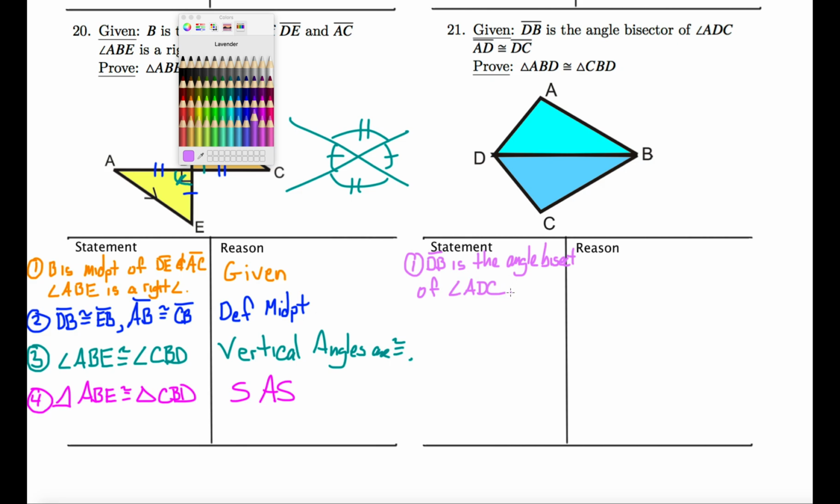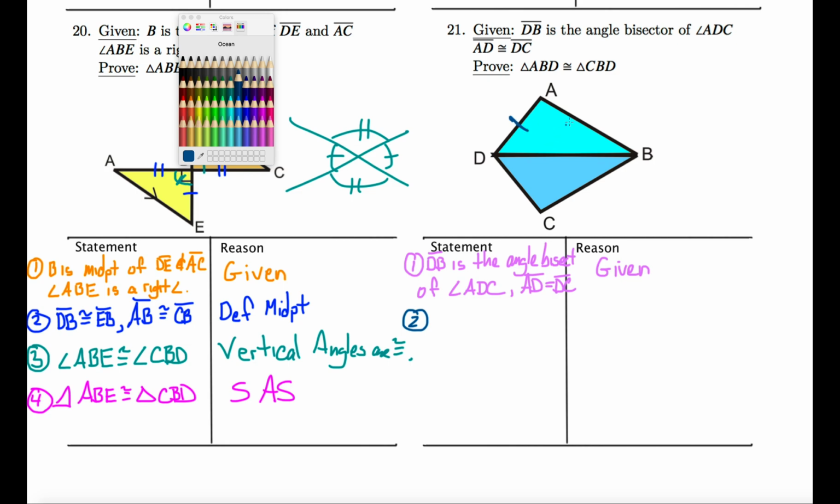And AD is congruent to DC. Kind of went over the line there a little bit. Given. Yeah, I don't know if magenta was a good idea. Okay, AD and DC.